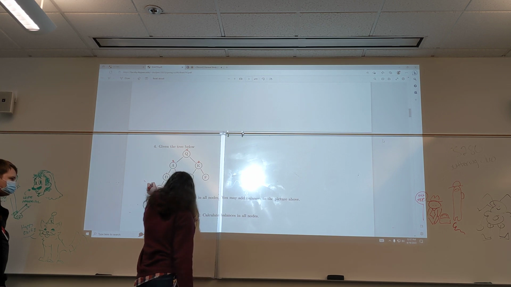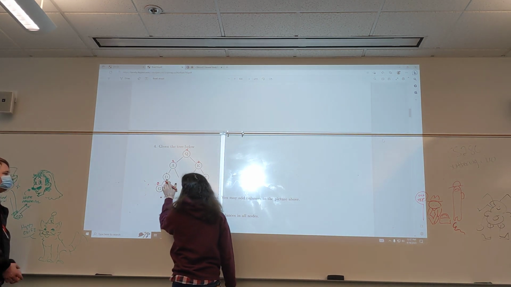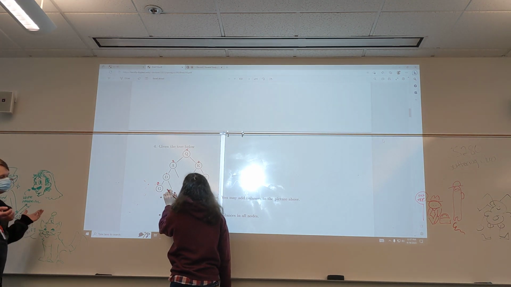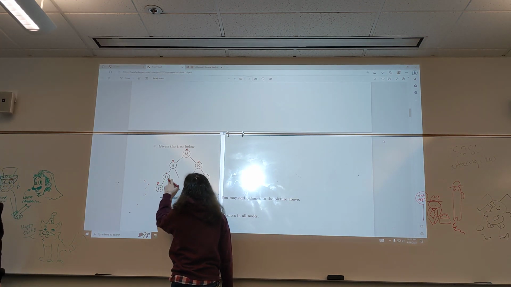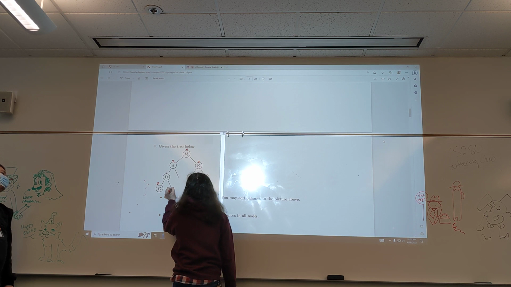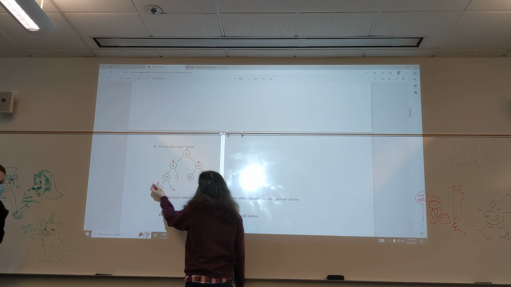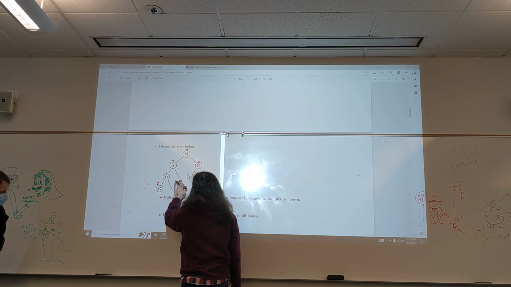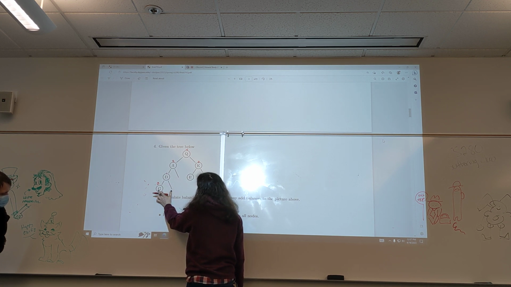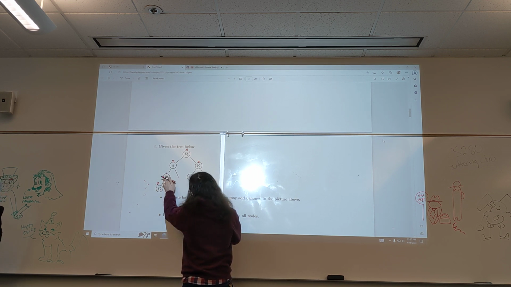G's balance is 0 because it doesn't have any children. I didn't bother writing the zeros because they felt unnecessary. This one has one more height, because the height of an empty tree is technically -1. Sorry, I'm not gonna write those because that's a height, not a balance. So the balance of this is the difference between these, which is -1 or 1.